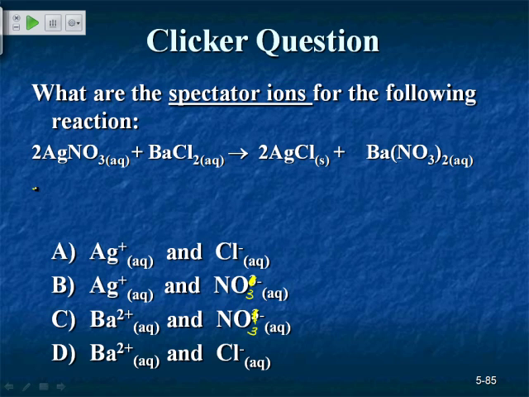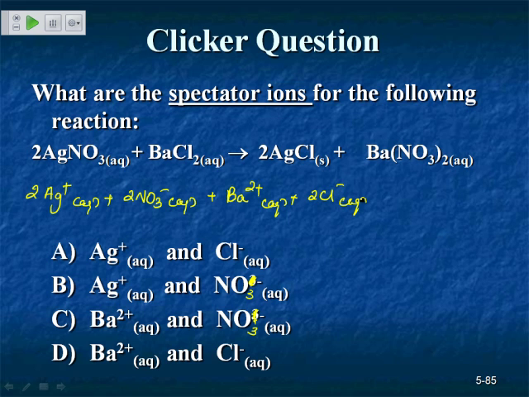Let's do this one fast. 2Ag+ (aq), 2NO3- (aq), Ba2+ (aq), 2Cl- (aq), giving us 2AgCl solid and Ba2+ (aq), 2NO3- (aq).